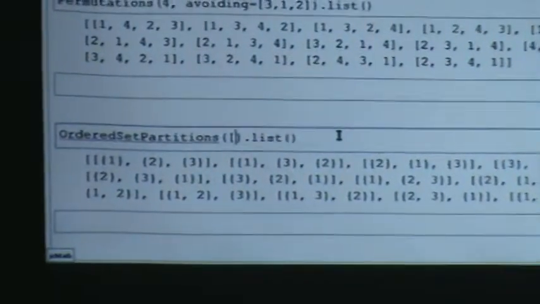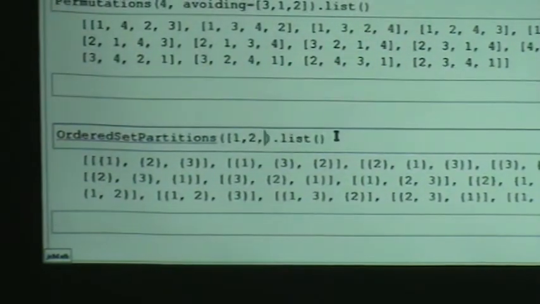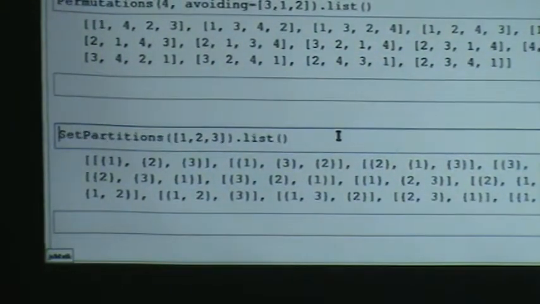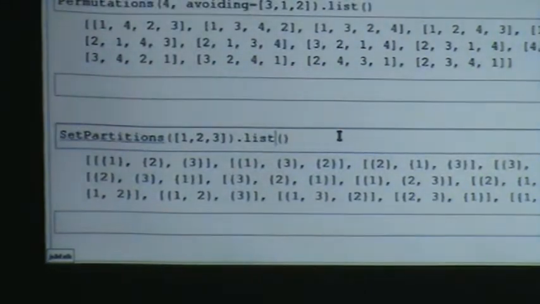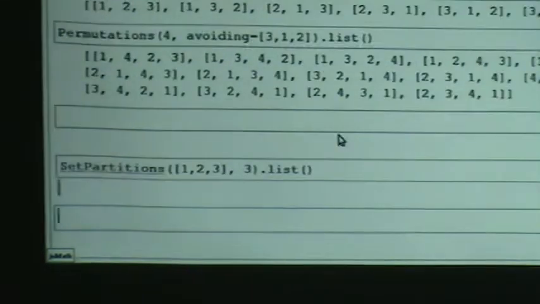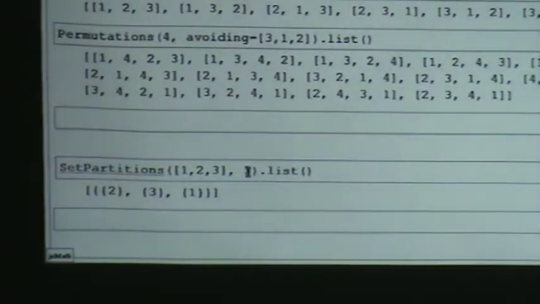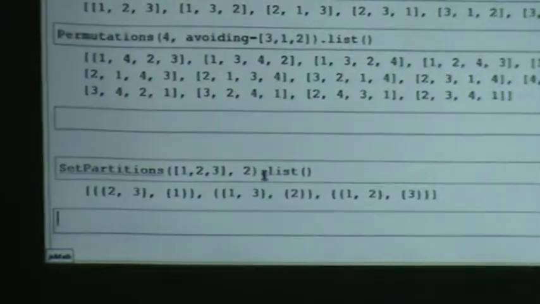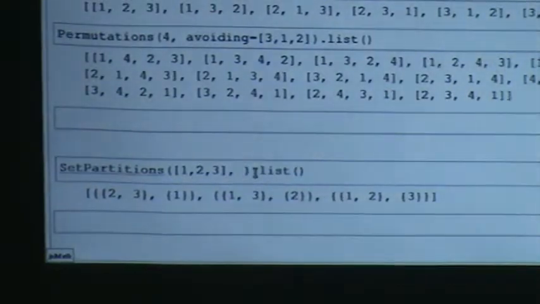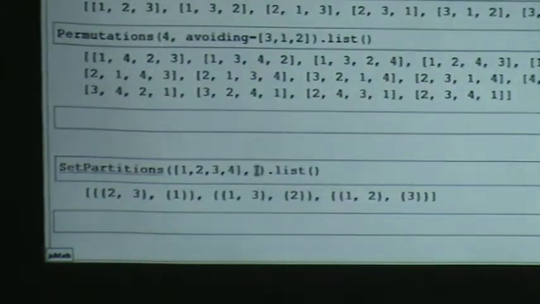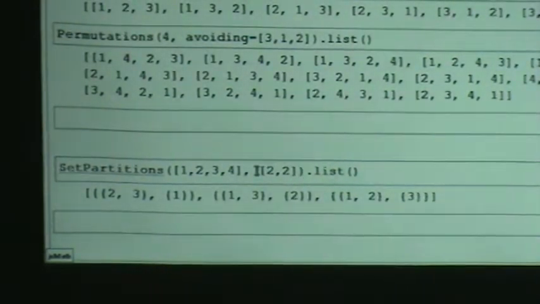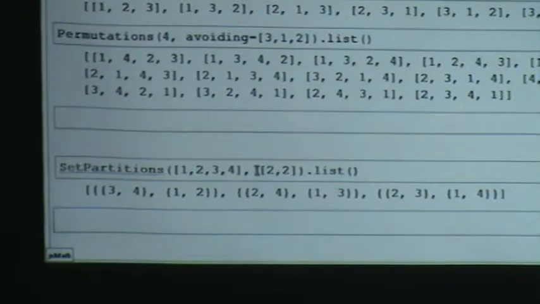Yeah. I forget if I have it for ordered, but I know for this, there's only one of them with 3 parts, but you could ask for ones with 2 parts. You could also say I want to partition into blocks of size 2 and 2, so you can get those.